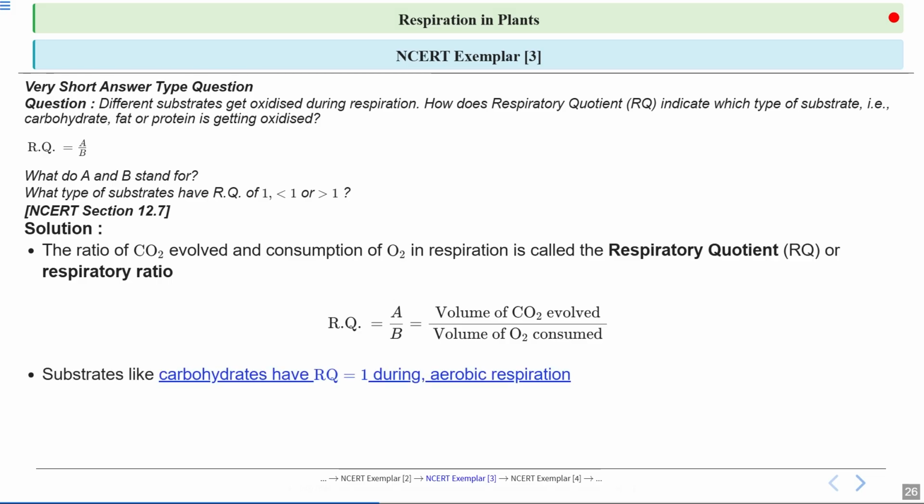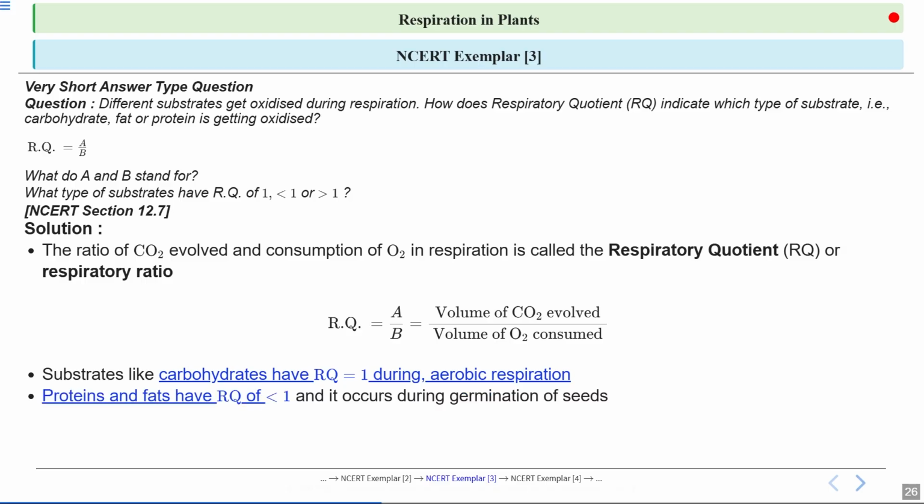Now let's talk about substrates. Carbohydrates have an RQ of 1 during aerobic respiration. This means that the amount of carbon dioxide evolved is exactly equal to the amount of oxygen used.